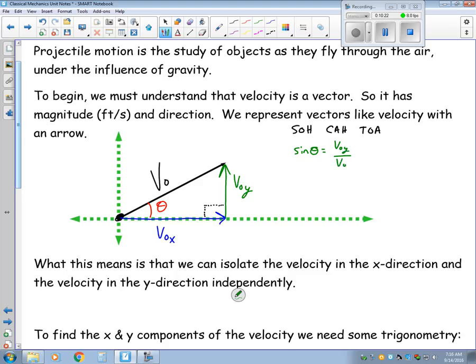So if I do a quick bit of rearranging, put a 1 under here and cross multiply, I can find that v naught y is v naught times sine theta. So if v naught were 100 meters per second and theta were 30 degrees, I could plug those two numbers in and find out what v naught y would be.